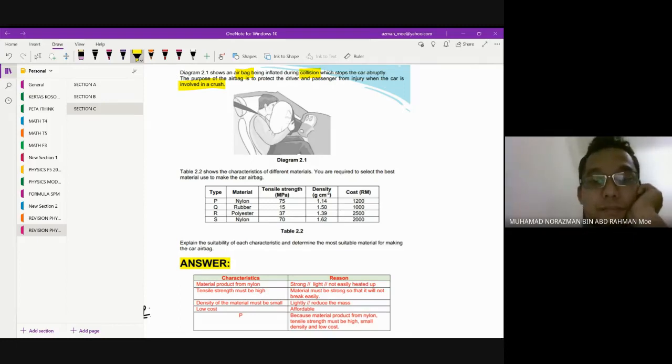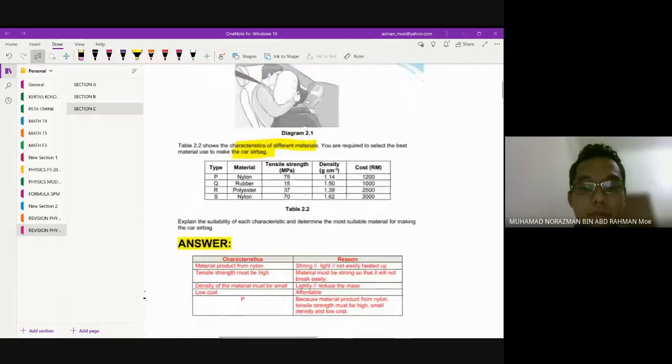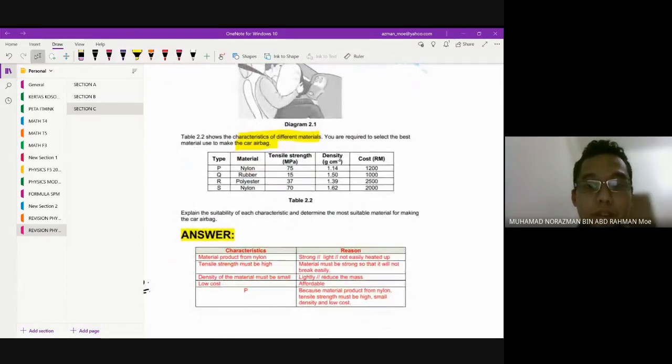Okay, table 2.2 shows characteristic of different material. You are required to select the best material used to make the car airbag. Okay. So material, which one is the best? When it involves material that is strong but light, okay.